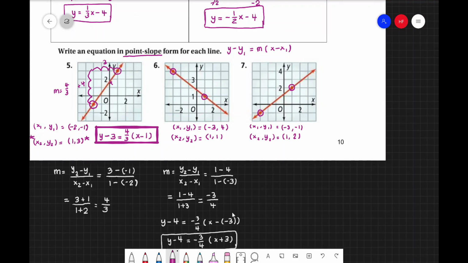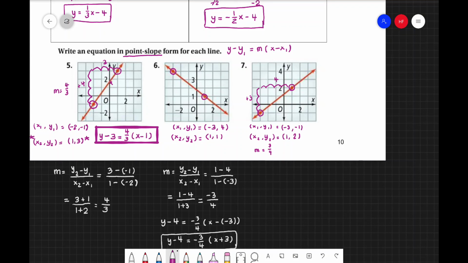My slope, I'm going to get from counting. So from first point to second point, I'm going up 1, 2, 3. And I'm going over 1, 2, 3, 4. So my slope is 3/4.